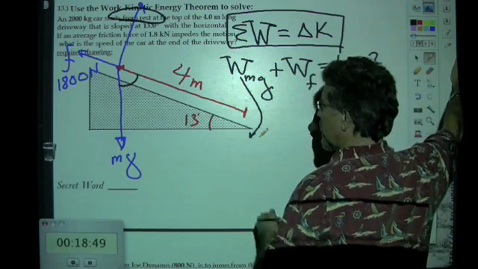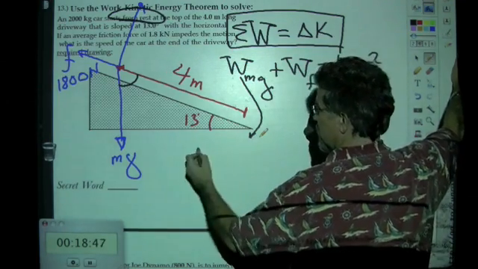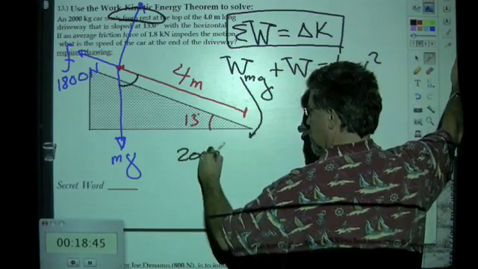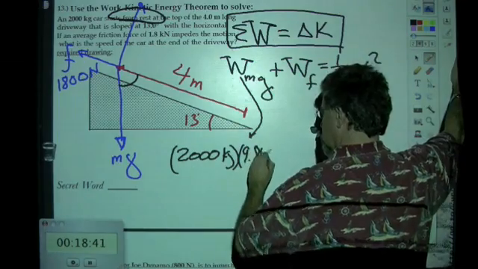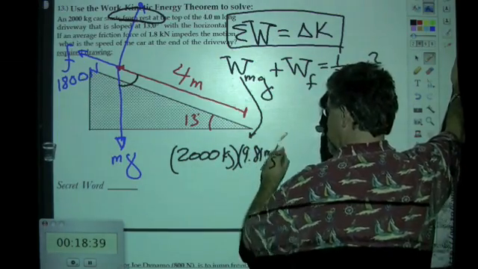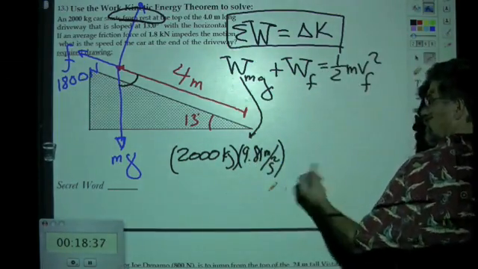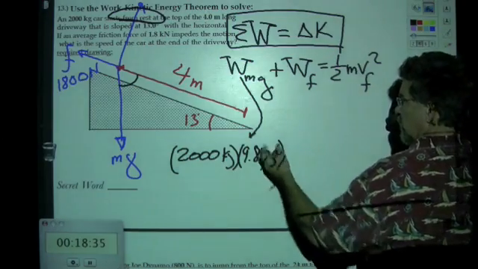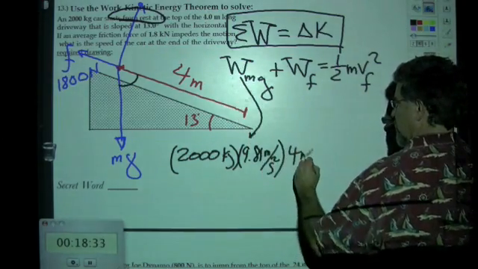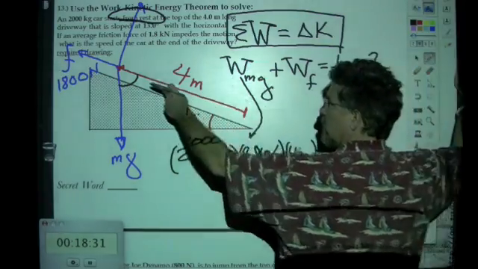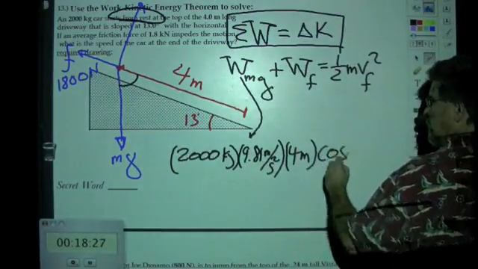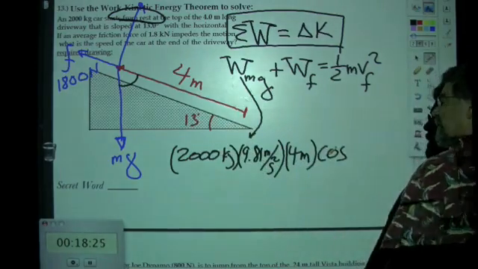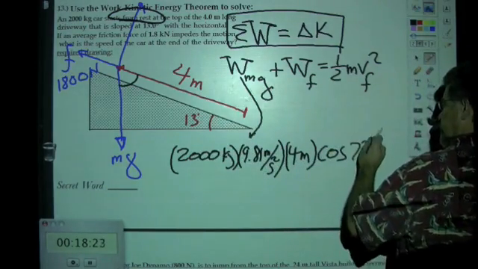The work done by mg then is going to be 2,000 kilograms times 9.81 meters per second squared. There's my mg. Times the 4, then cosine of the angle between the displacement and mg, which in this case is going to be cosine of 90 minus 13, or 77 degrees.